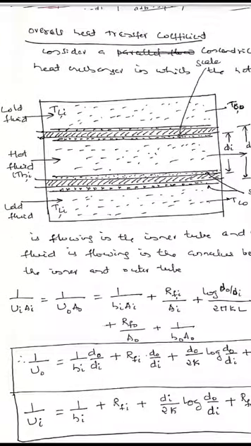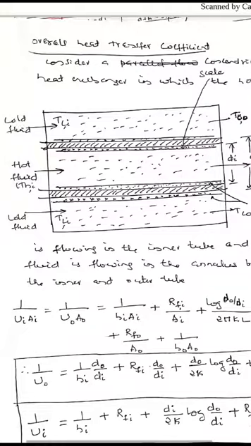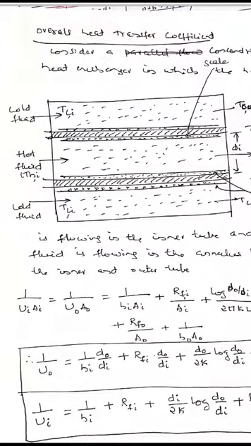Then this is another term, overall heat transfer coefficient. As I have told, this is a concentric tube heat exchanger where hot fluid is flowing through the inner tube, and cold fluid is flowing through the annular space between the inner and the outer tubes. The heat is transferred from the hot fluid to the cold fluid through the inner tube thickness.